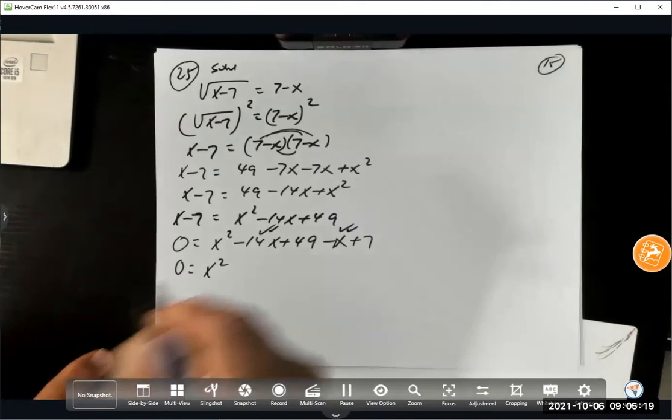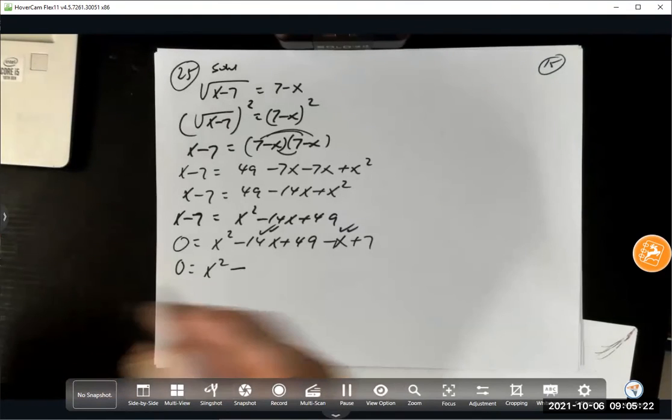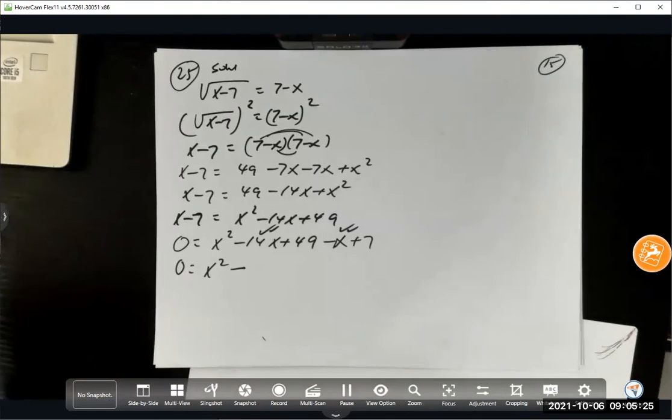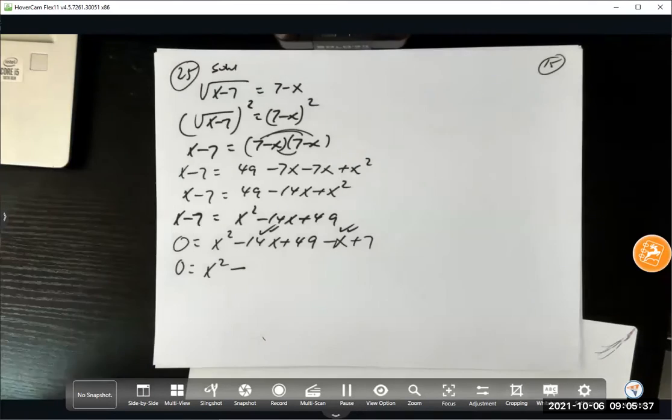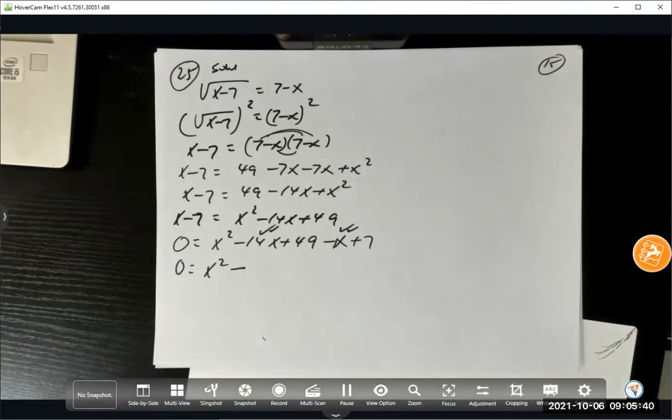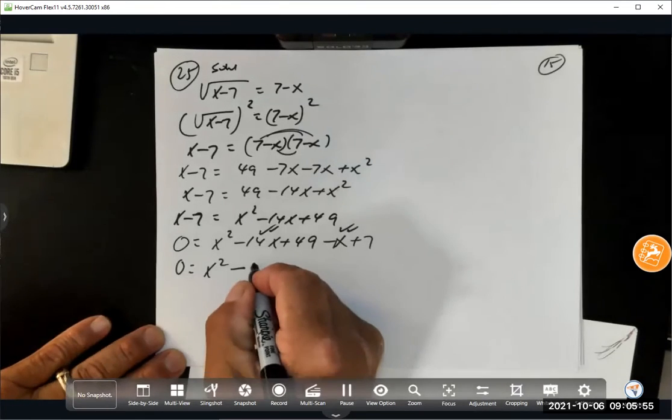Do it in the calculator. Add it up, 1 plus 14. What did you get for 1 plus 14? Did y'all get 15? Yes or no?